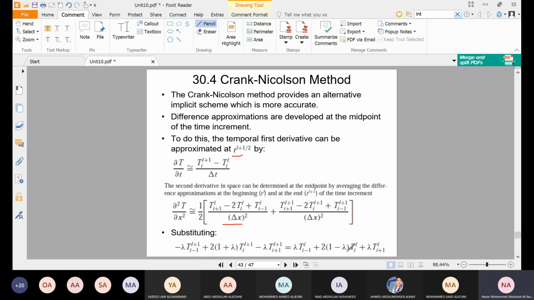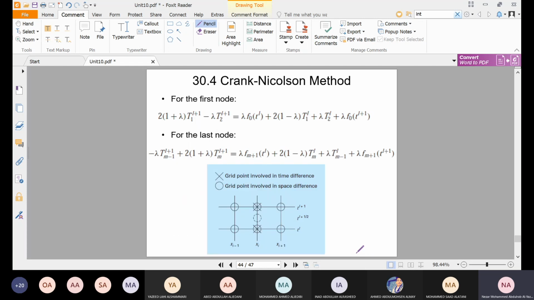In this equation, we have 3 knowns and 3 unknowns. You can see we have knowns here, and these values are unknowns that we want to compute. So we take the unknowns to the left hand side and the knowns, because these will be constant, to the right hand side to build the matrix.